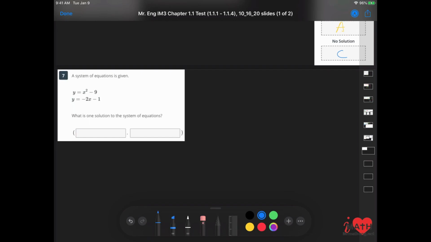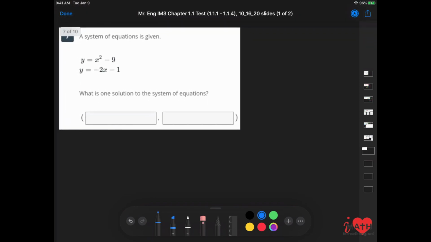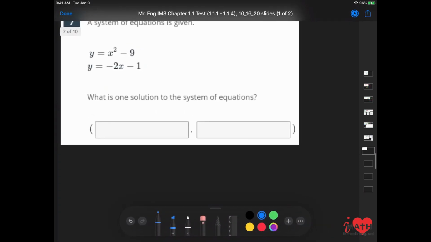All right, last problem. A system of equations is given: y equals x squared minus 9 and y equals -2x minus 1. What is one solution of the system of equations? One solution just means one intersection. A system is just kind of like one coordinate plane.